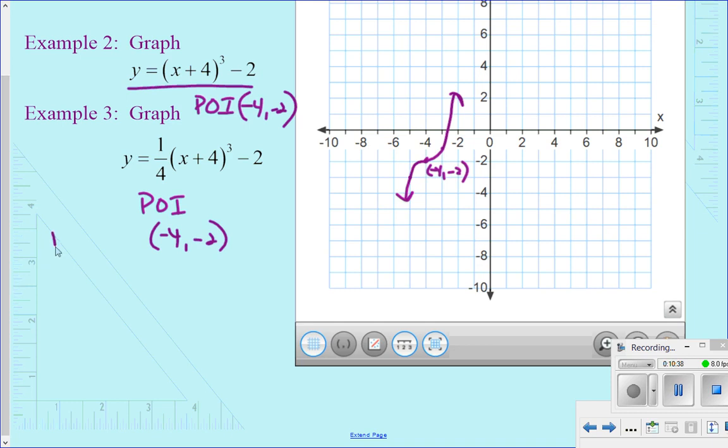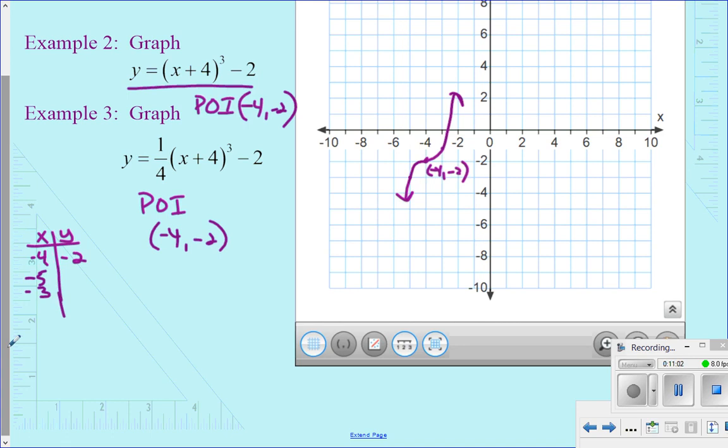So what we'll do to find some other points, we will make a table. We'll go ahead and put the point of inflection that we know. And then I really just need 2 other points. My suggestion to get the other 2 points would be to go one to the right of the point of inflection and one to the left, which would take us to -5 and to -3.